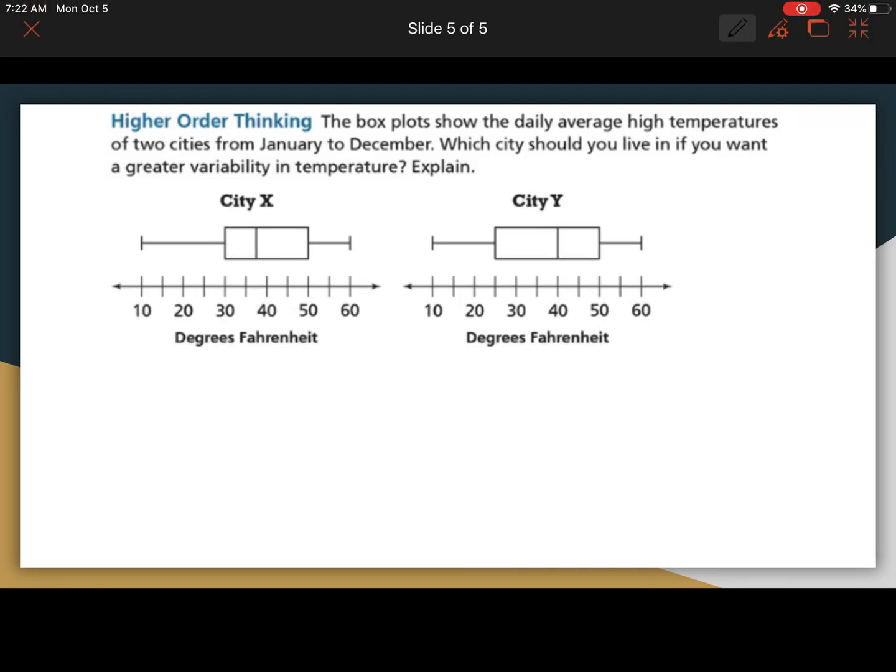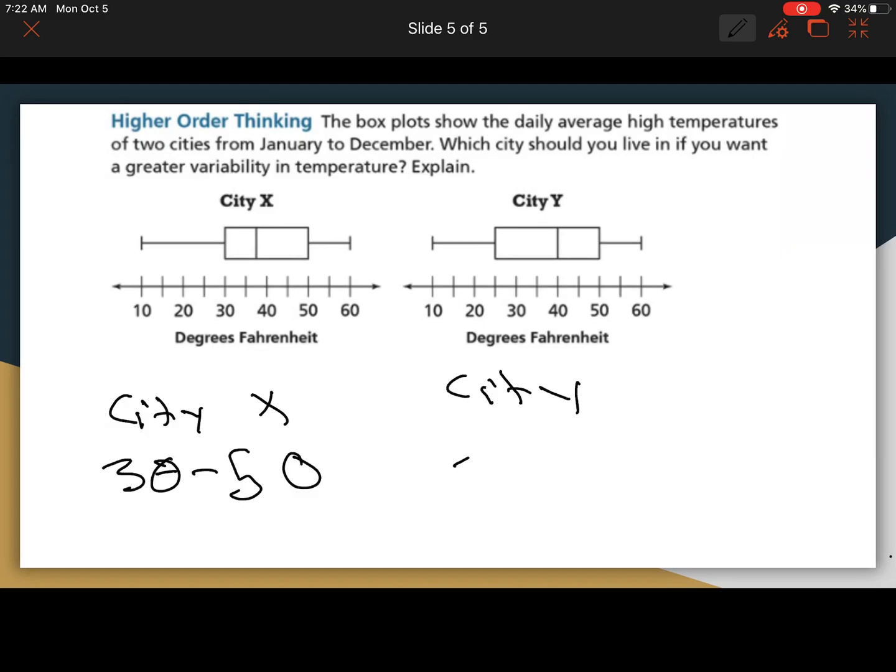So if we're talking about variation here, we want to see which one has a greater variation in its upper and lower quartiles in this box and whisker diagram, or which box is bigger here. So in city X, the variation goes from 30 to 50, and in city Y, it goes from 25 to 50.